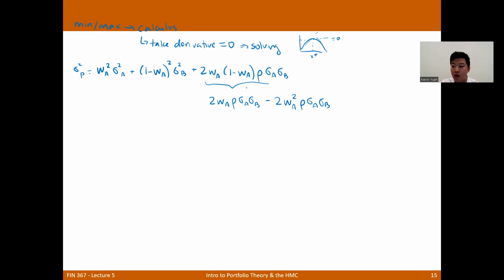Okay, so now what I want to do is essentially take the derivative of this expression. So now I'm going to take the derivative, and if you'll recall from your derivative rules, with respect to WA. Why with respect to WA? Because I want to find the optimal WA such that the derivative is equal to zero, so that we're unchanging.